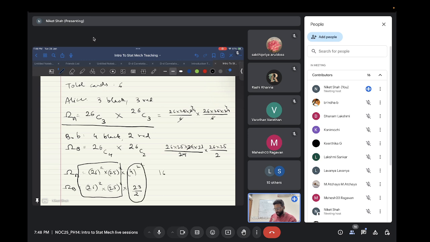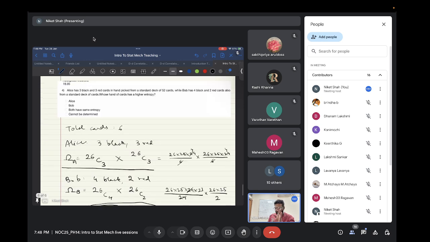This becomes 16 here, while 23 divided by 2 is 11.5. So clearly, the number of microstates for Alice is a bigger number, which means because the number of microstates is higher, the entropy for Alice will be higher.